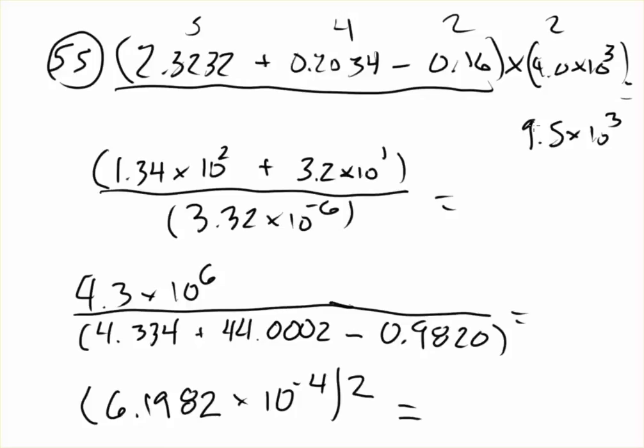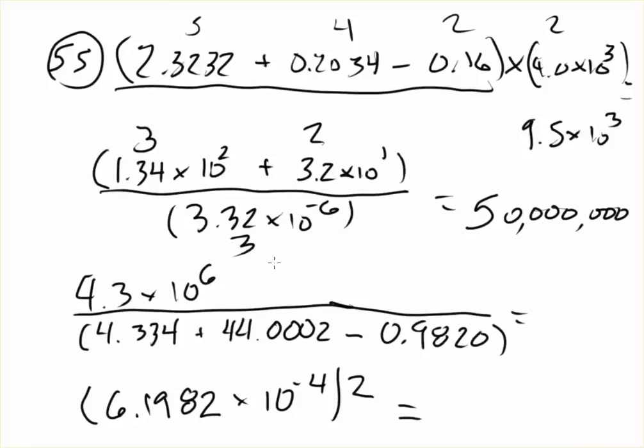My calculator gives me 50 million. So that would be 50 million. Okay, now we need to have the proper number of sig figs. So there's 3, 2, and 3.